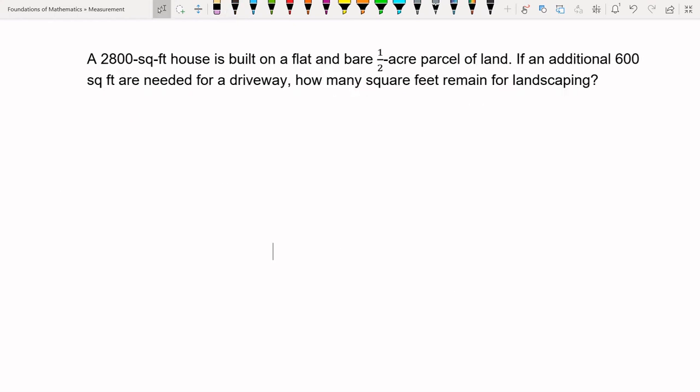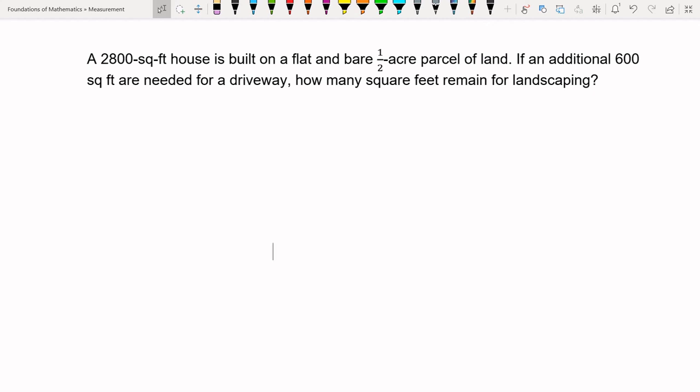Okay, we have a flat and bare half-acre parcel of land. A 2,800 square foot house is built on this, and 600 square feet are needed for a driveway. So how much of the land is left for landscaping, having a lawn, having a garden, all those kinds of things?